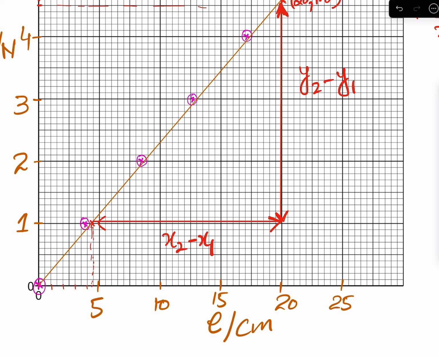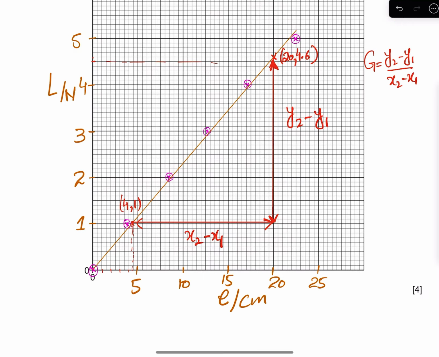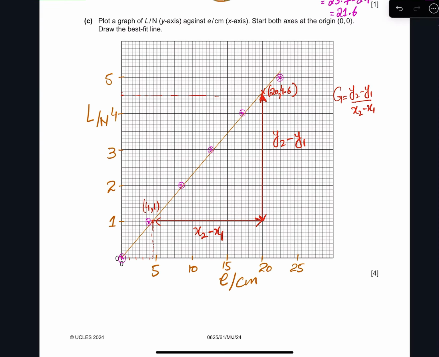Sorry, so we can say it's 4 and y is 1. So let's put the values here. It's 4.6 minus 1, divided by 20 minus 4.